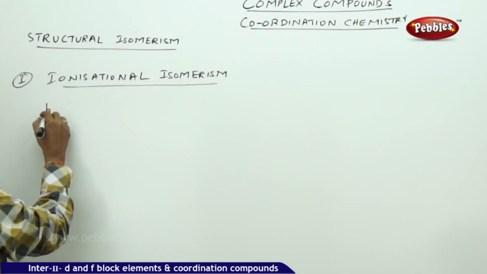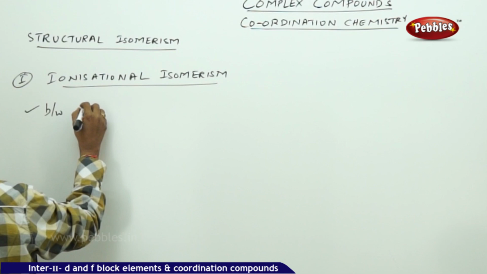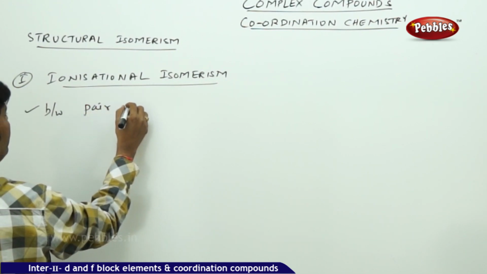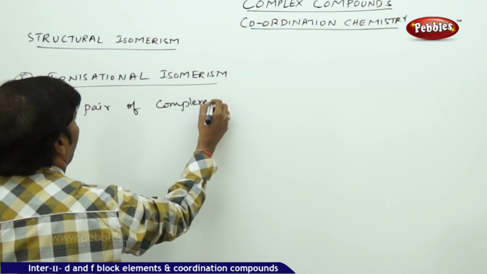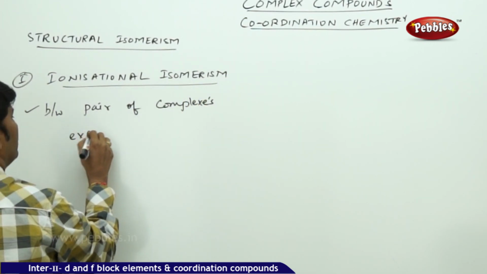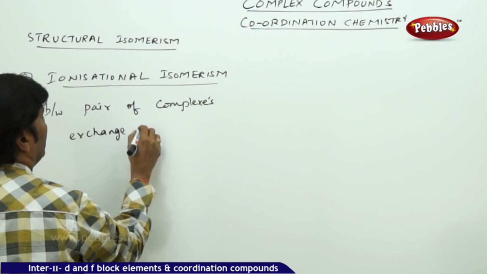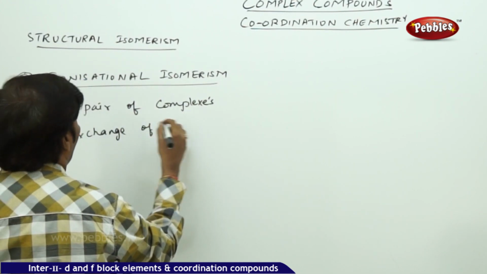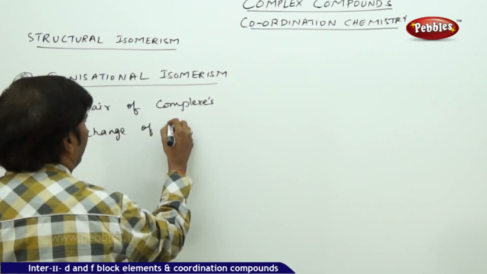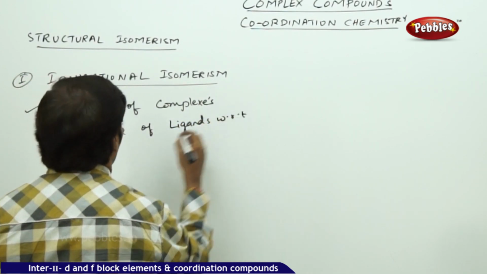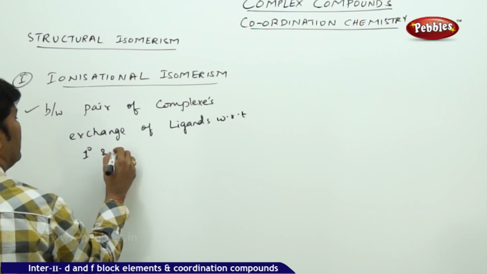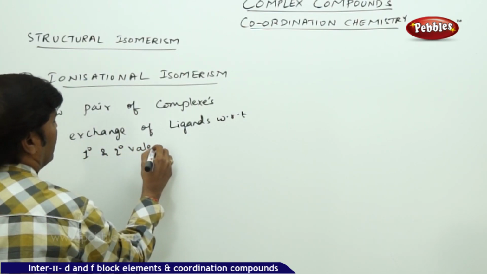Here the first point we have to understand is that between a pair of complexes, there is an exchange of ligands with respect to primary and secondary valencies.